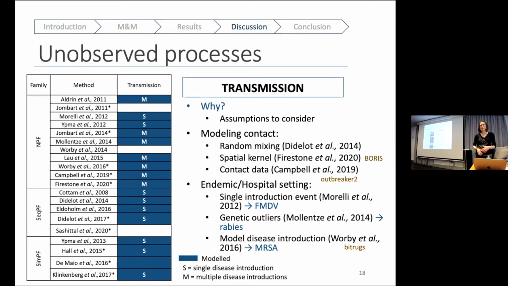Therefore, some methods estimated genetic outliers and considered them to be multiple introductions, as in Molence's work on rabies, while others actually model the disease introduction in the methods, as in Warby's bit rows.